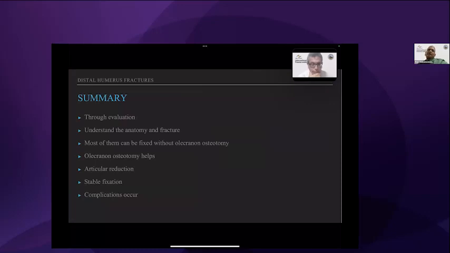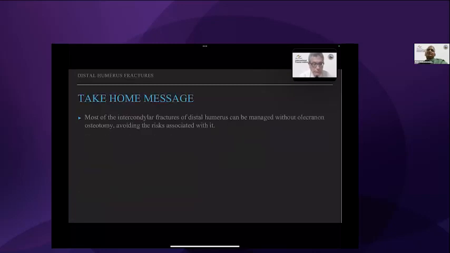So thorough evaluation is essential before going for surgery. Understanding the anatomy should play an important role in giving good results. Most of the fractures can be fixed without olecranon osteotomy. Very rarely do I use olecranon osteotomy. Articular reduction, stable fixation and early physiotherapy are essential for good results.